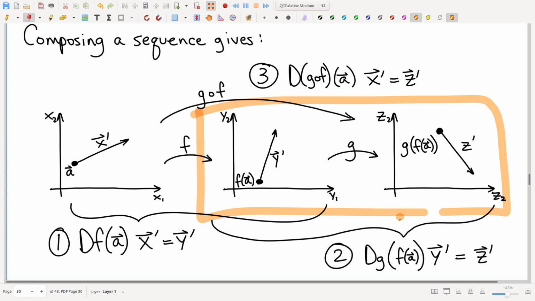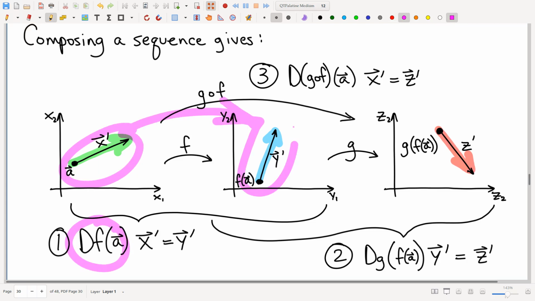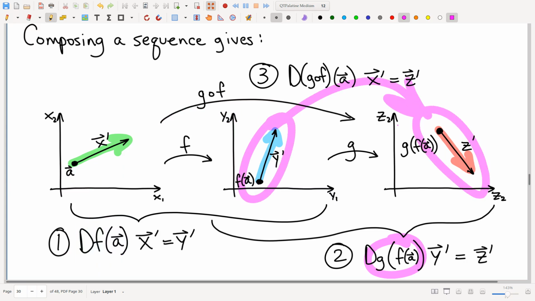I can look at what the derivatives do: there's an x velocity, and as a result a y velocity, and as a result a z velocity. I know that the derivative of f is what I multiply by green to get blue, and the derivative of g is what I multiply by blue to get red.